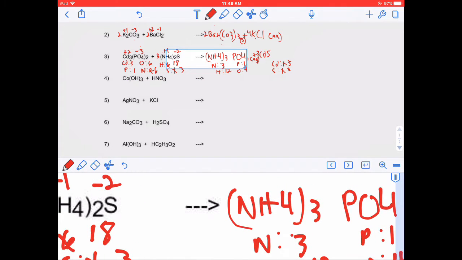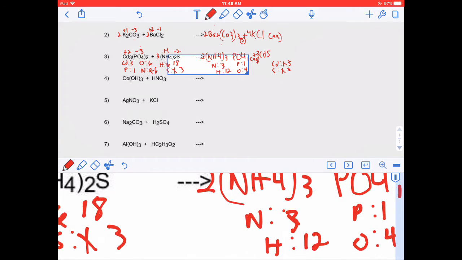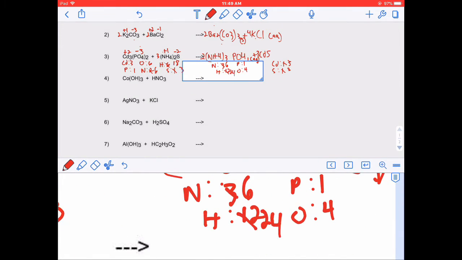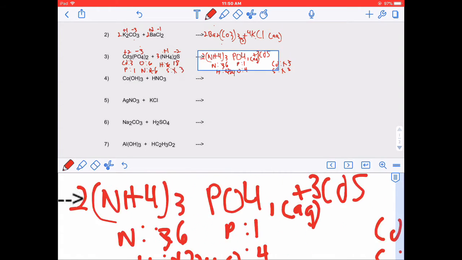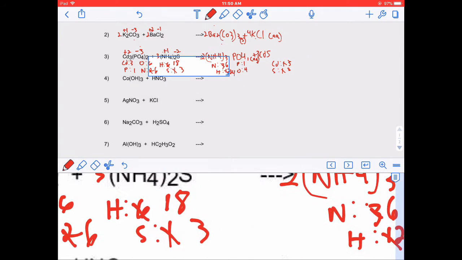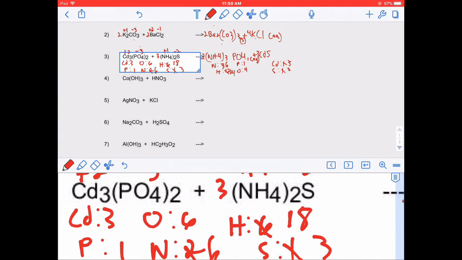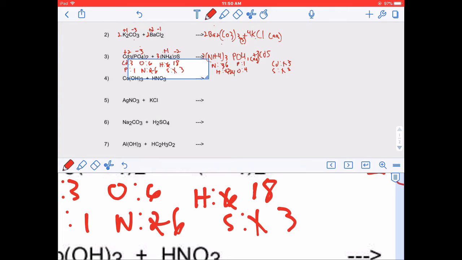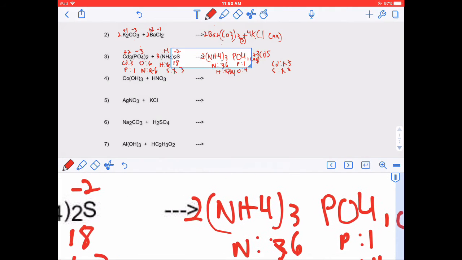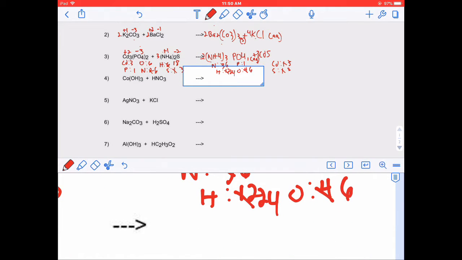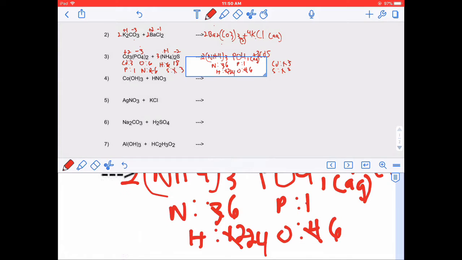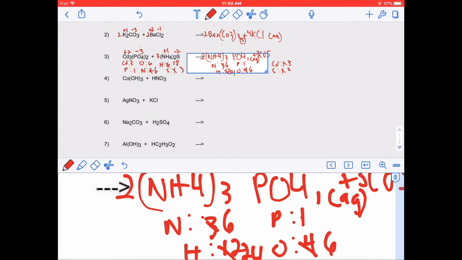I found out if they're soluble (AQ) or insoluble (S) because of a chart. And the chart says that the ammonium and the PO4 are soluble with each other, so that's why I got what I got. Here I'm just balancing it out now. And that's it.